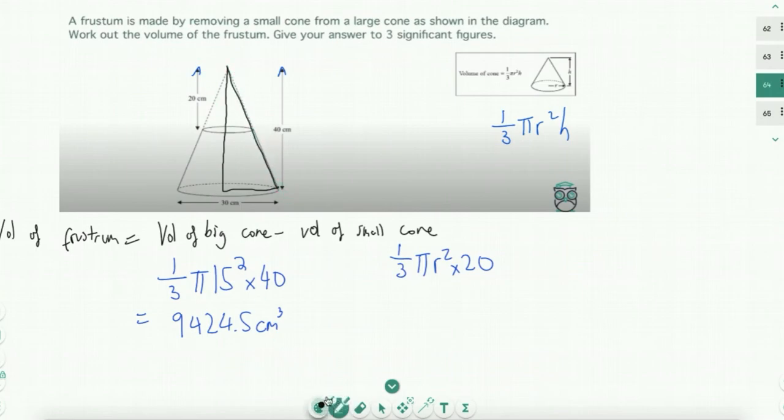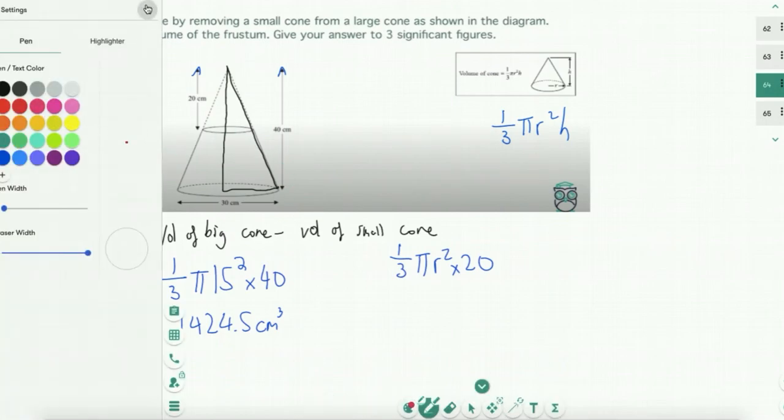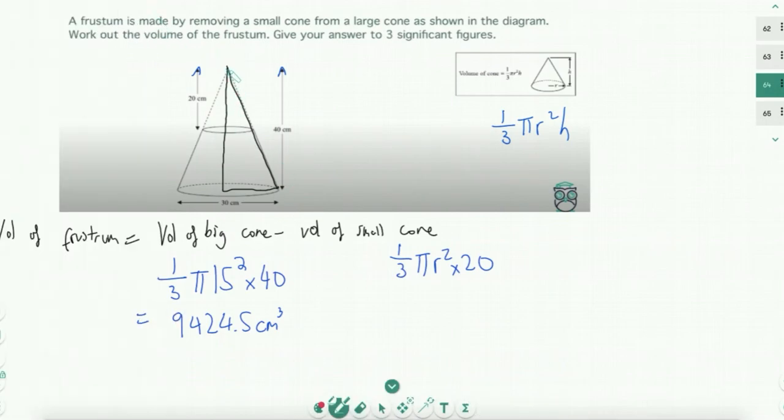And then our little cone has a similar triangle, which fits perfectly inside. Since the little triangle fits perfectly inside the big triangle, they are similar shapes. So perhaps we can use similar shapes to solve this problem. So let's go ahead and draw out both our triangles, the small triangle and the big triangle.